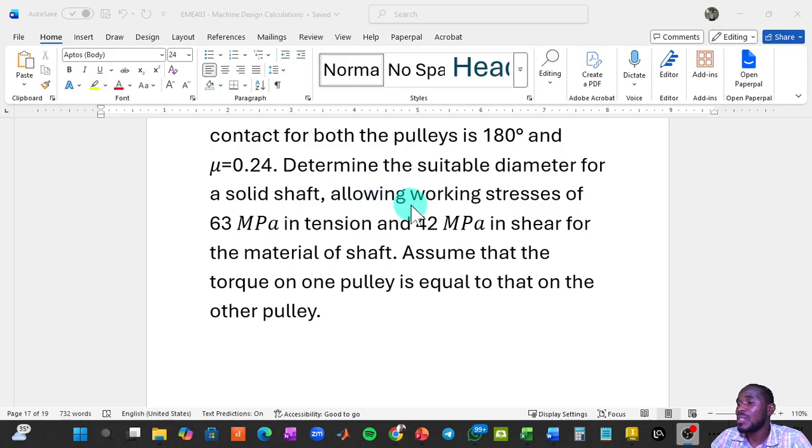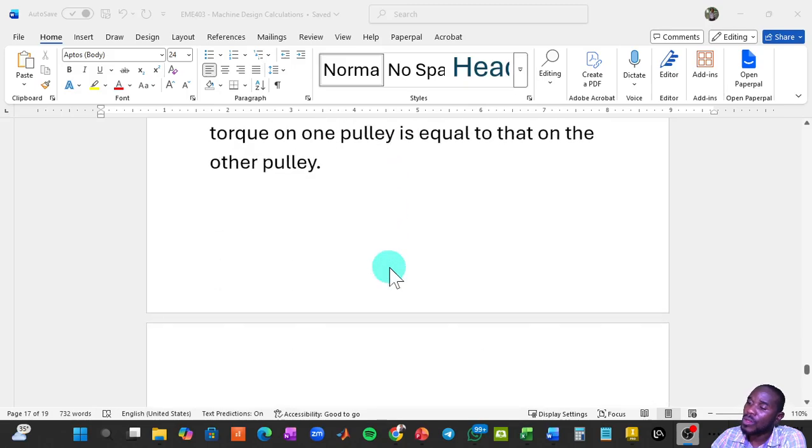We are given the maximum allowable working stresses, normal stresses in tension, and the maximum allowable shear stresses of the material of the shaft. So this is going to be our sigma, and this is going to be our tau, and we are to assume that the torque on one pulley is equal to that on the other pulley.